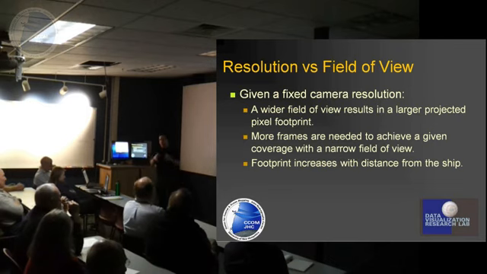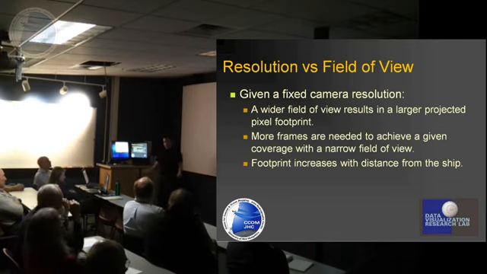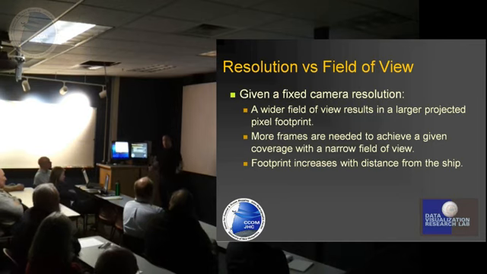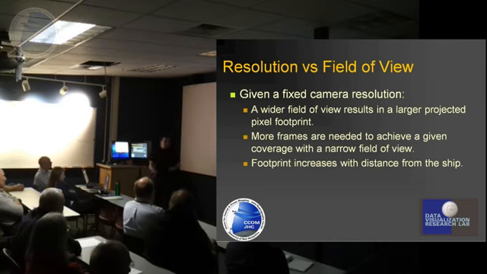Now, the field of view is really dependent on the lens, and then the sensor. If you've all been shopping for digital cameras, you get your 10 megapixel and 14 megapixel, that's basically the resolution. The higher the resolution means the smaller the pixels are, which allows you to have, again, a higher resolution.